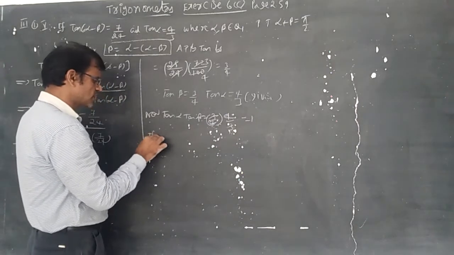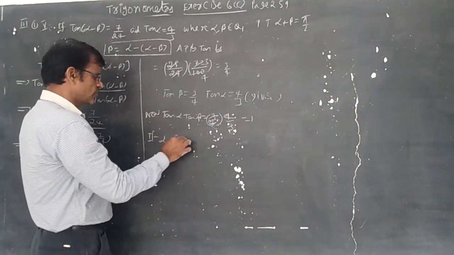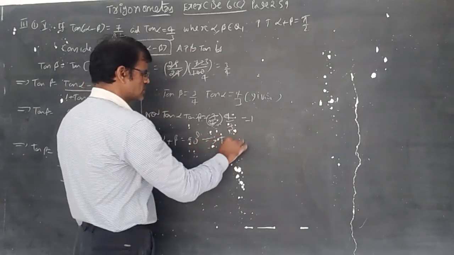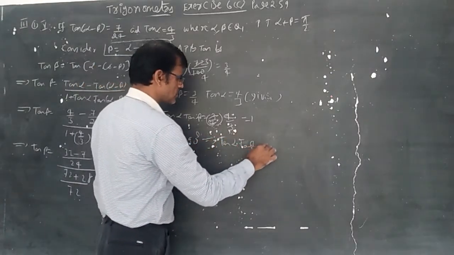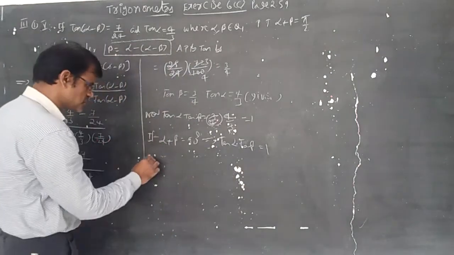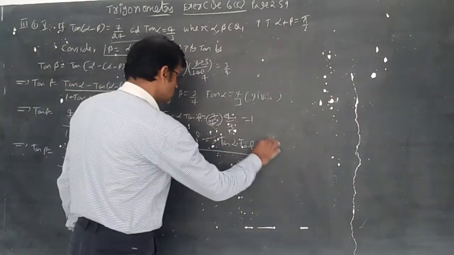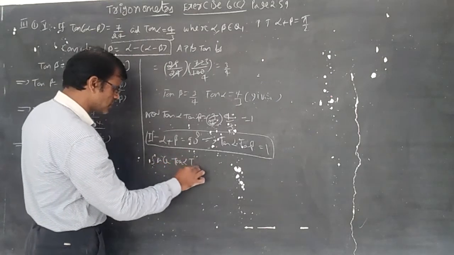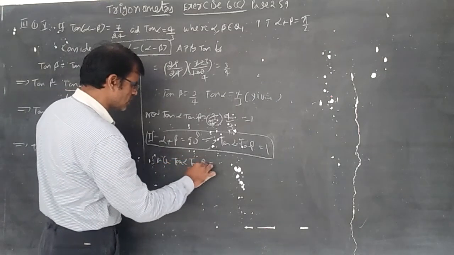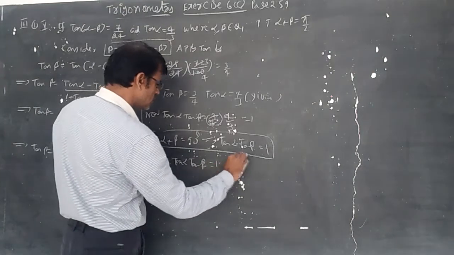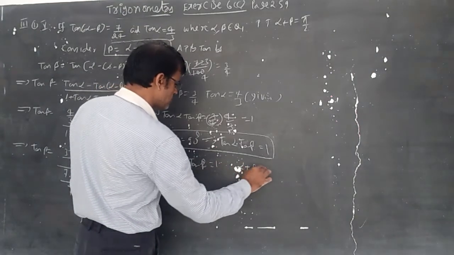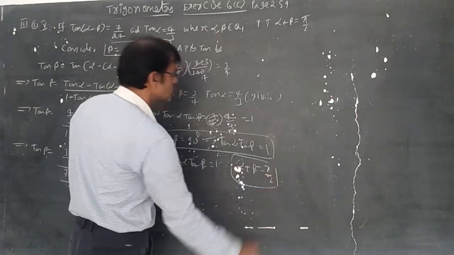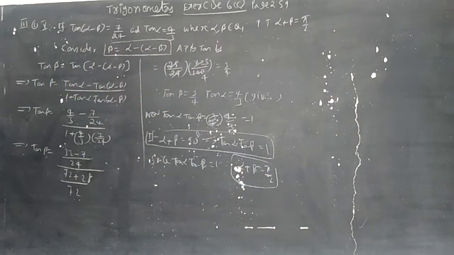Plenty of times I said that if alpha plus beta is equal to 90, that implies tan alpha into tan beta equal to 1. Since we got tan alpha into tan beta equal to 1, therefore alpha plus beta is equal to pi by 2, that is 90 degrees. This is the proof.